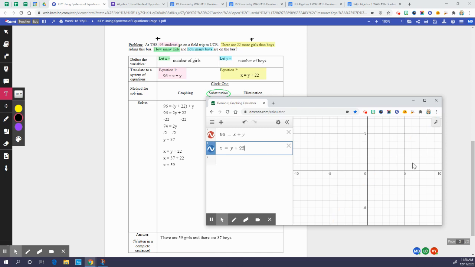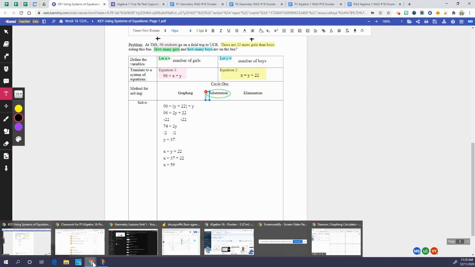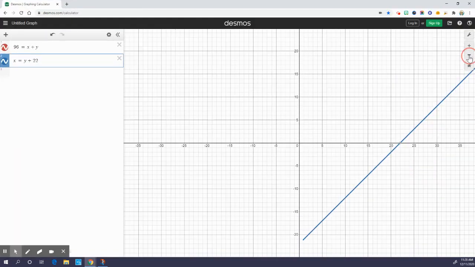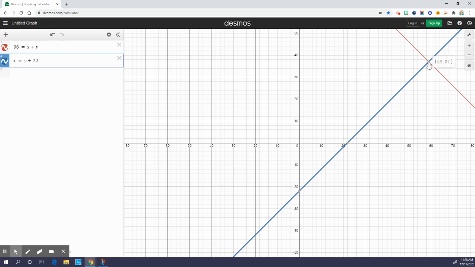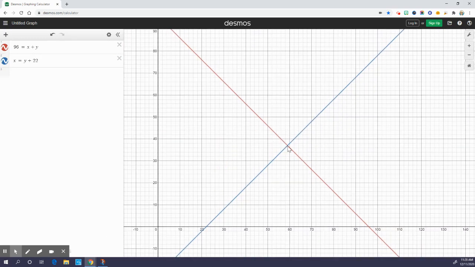And I can't see where they intersect right now, but if I go ahead and zoom out, I can see they intersect right here, 59 and 37. Okay, and so I'm actually just going to drag my graph over here, and then I'm going to click on that so it comes up.